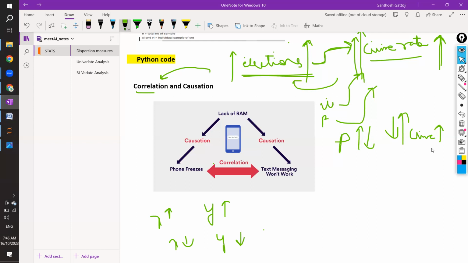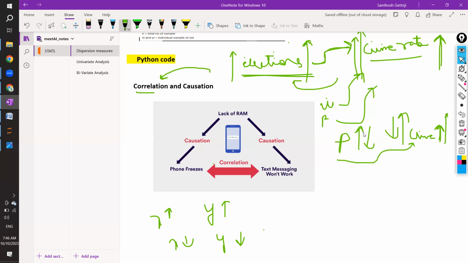Yes, sir. So in the US there is extremely less poverty, but you cannot conclude that there is no crime rate. But this is also correct: because of poverty you can have some crime rate. That is correct. But because crime rate is increasing or decreasing, you cannot comment on the poverty rate.